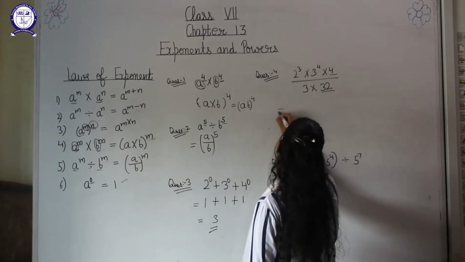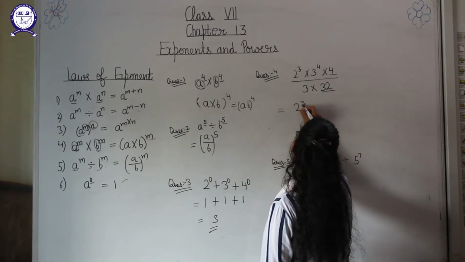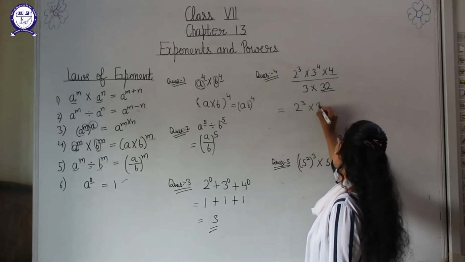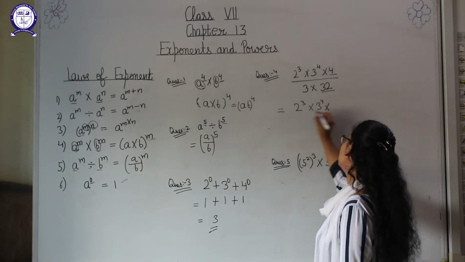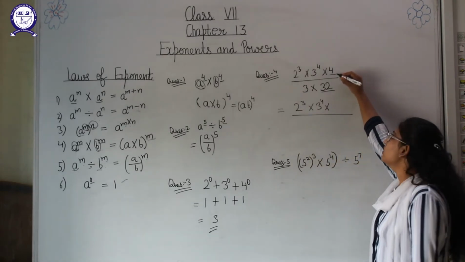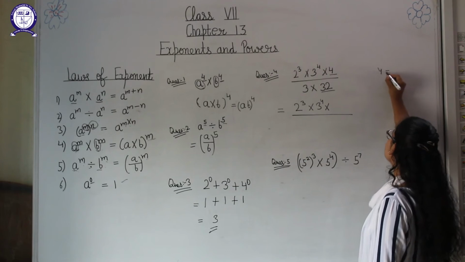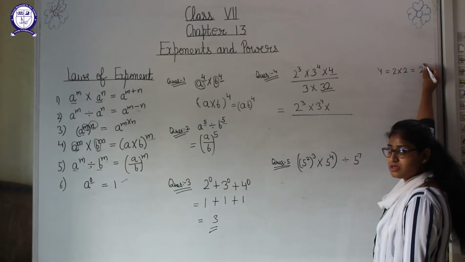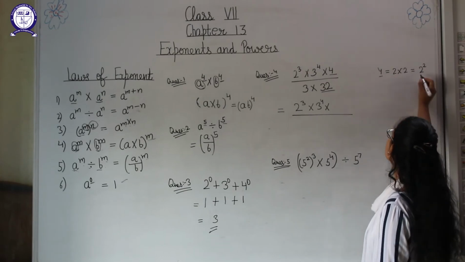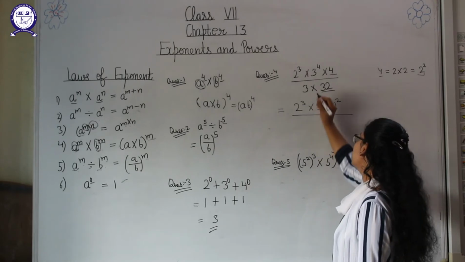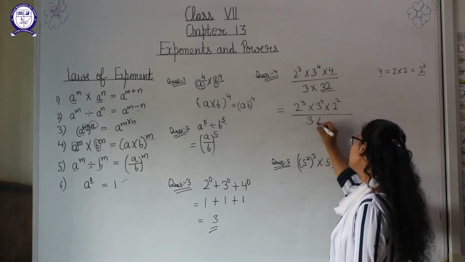Here 2 raised to the power 3 is in exponential form. Here 3 raised to the power 4 is in exponential form. We will change this 4 into the exponential form. So 4 can be written as 2 into 2, and 2 into 2 means 2 square. So we will write here 2 square. Here 3 is the prime number.